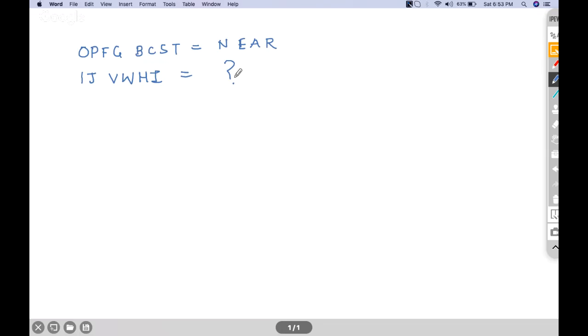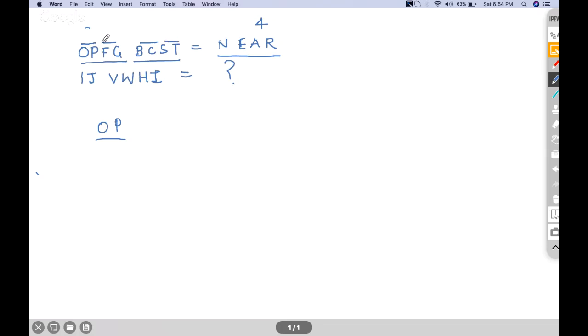Okay, so a lot of you are giving me the answer HUG, which looks like a correct answer. I think you have understood the concept over here. I will take OP. O and P are consecutive alphabets, but if you see here, this is an 8-letter code that has been converted into a 4-letter code. It means that for every two letters I am writing one letter. So the first pair is here, the second pair is here, the third pair is here, and the fourth pair is here.